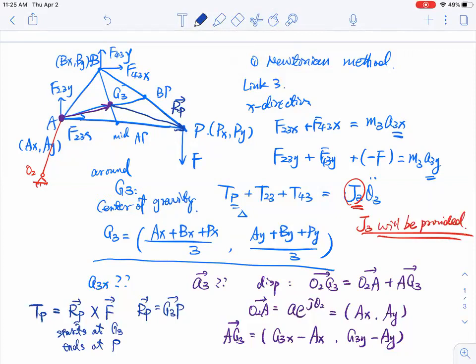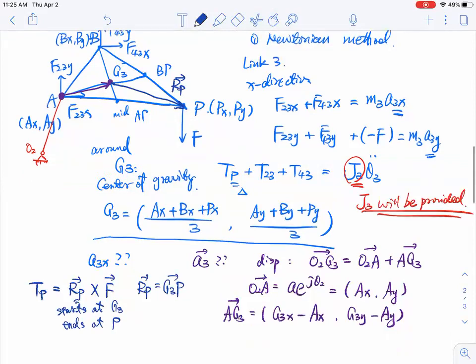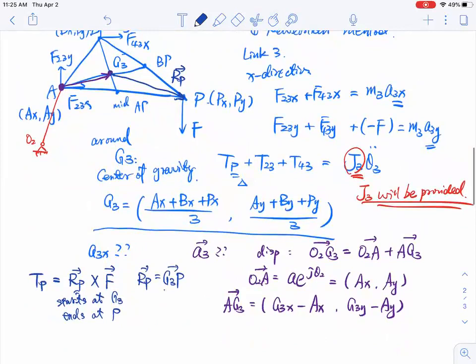Can you find this RP? Hopefully. Okay, so just go back to the definition. Your RP has two end points, and you know the geometry. You know the G3 coordinate is G3x, G3y.